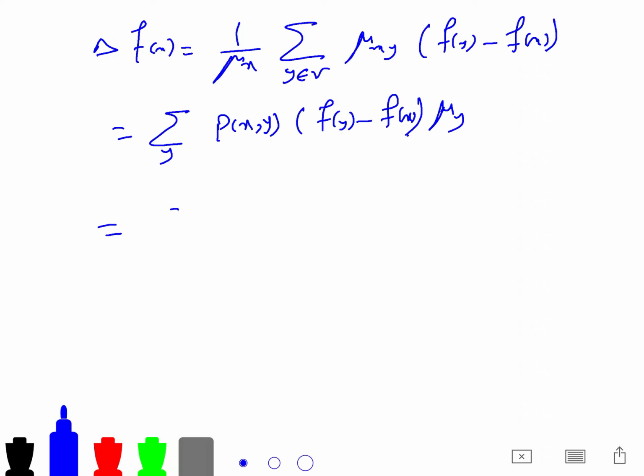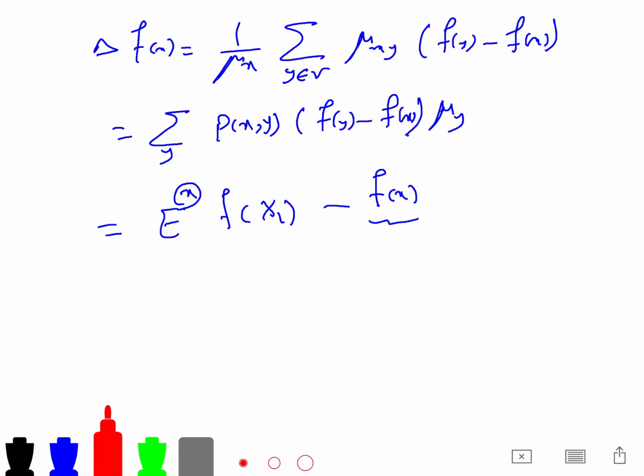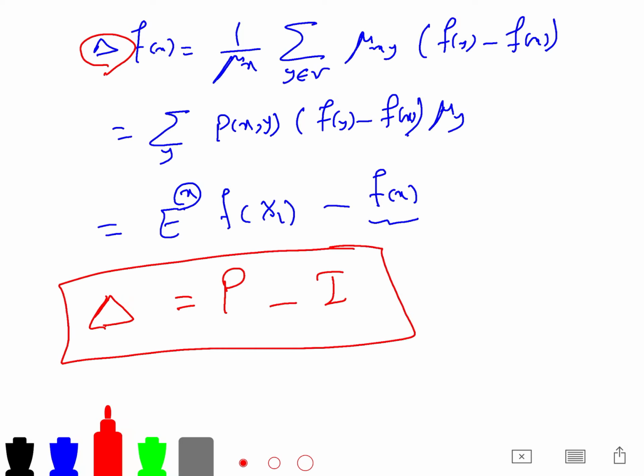And what is this? It is just the expected f of x1 minus f of x, because we start from x, so it is deterministic. So what I conclude is that my Laplacian operator here is just another way to say it is a P operator minus I operator. This is really important.